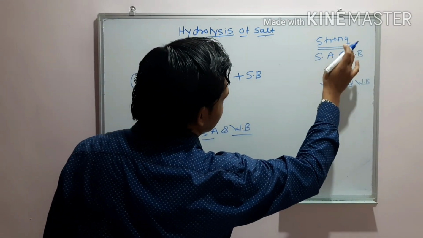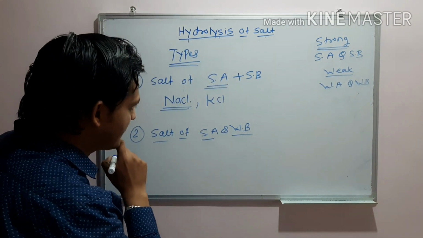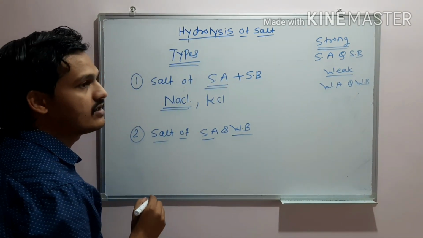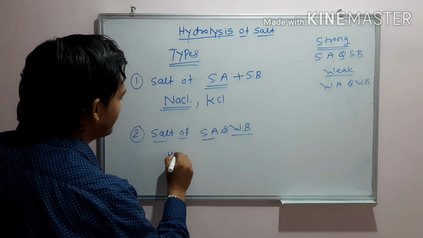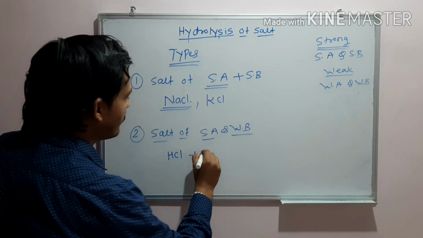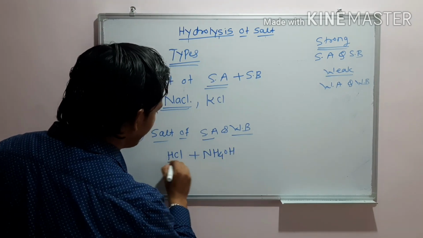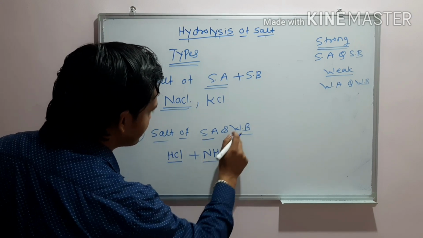Number 2. So I am taking the strong acid, HCl, and the weak base, which you already know, NH4OH. HCl is the strong acid, NH4OH is the weak base.